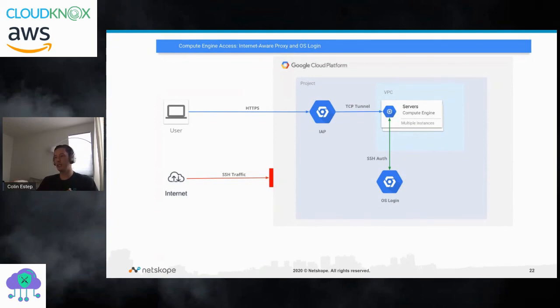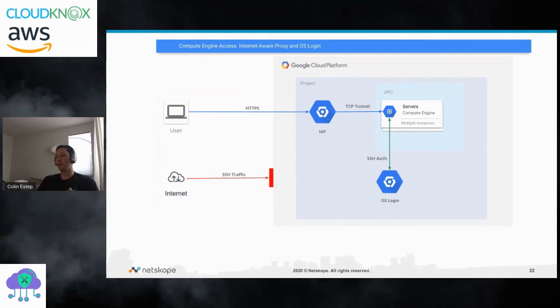I put IAP in there on purpose because you have to create that in each project you want to use it in. For anyone who's not aware, in GCP you have to enable the APIs you want to use, with a few exceptions. But for the most part, you have to enable everything you want to use. And IAP is one of those that you have to enable first. So the admin or whoever will enable that.